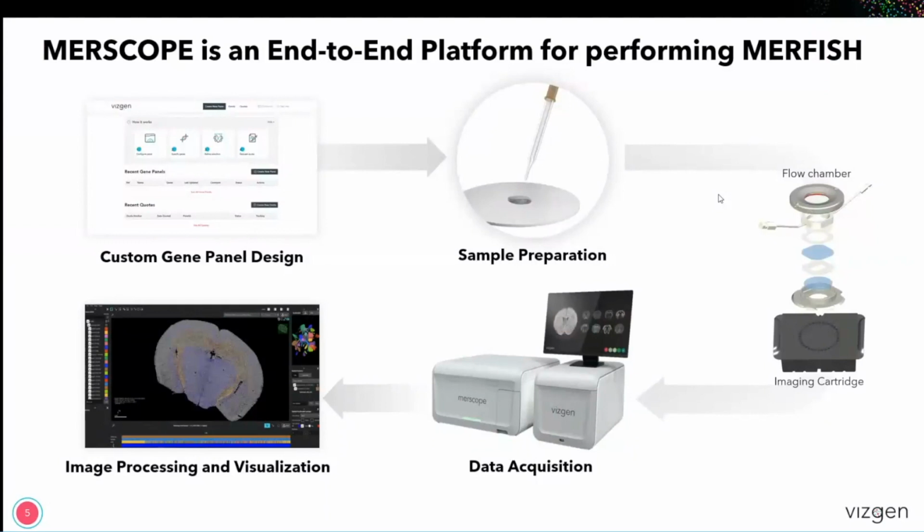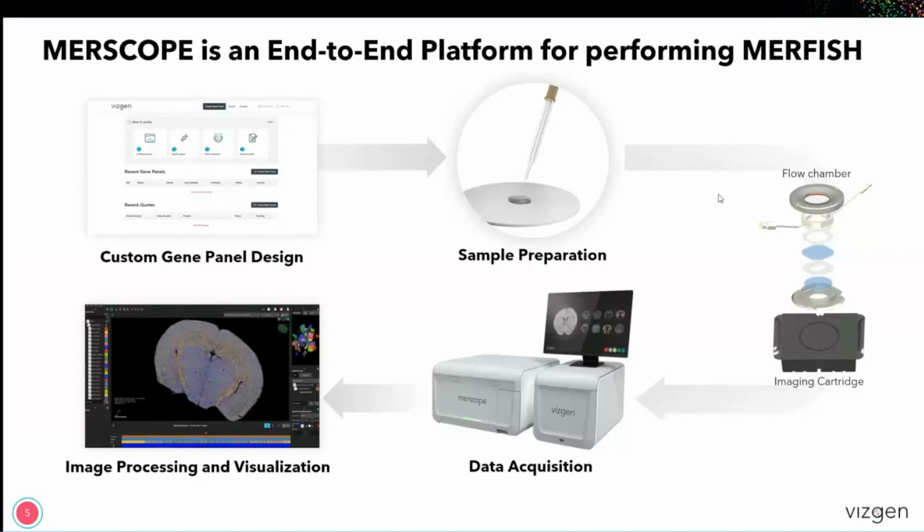Here, customers can upload gene lists that are important to your research into the portal and design a gene panel solution that's going to answer the complex questions you're after. From there, Vizgen will manufacture that panel and ship it to you for use with our comprehensive suite of reagents and assays within the sample prep workflow to prep your samples for downstream Merfish analysis.